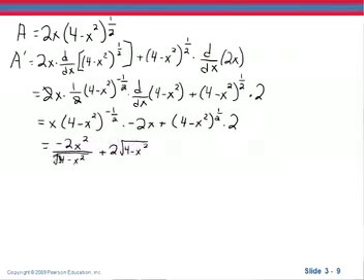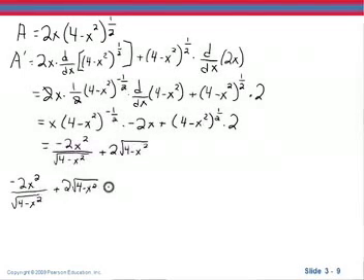Now we're trying to optimize here, so we're looking for where this is 0. So where is negative 2x squared over the square root of 4 minus x squared, plus 2 times the square root of 4 minus x squared, equal to 0. Now I need to get rid of my fraction by multiplying everything by the square root of 4 minus x squared. So I need to multiply this by the square root of 4 minus x squared, this by the square root of 4 minus x squared, this by the square root of 4 minus x squared.